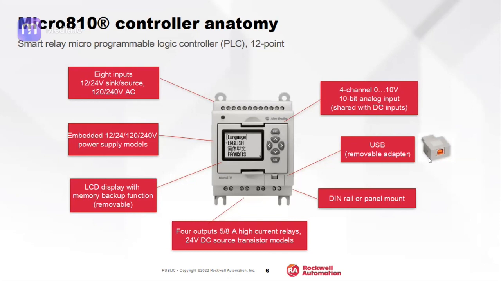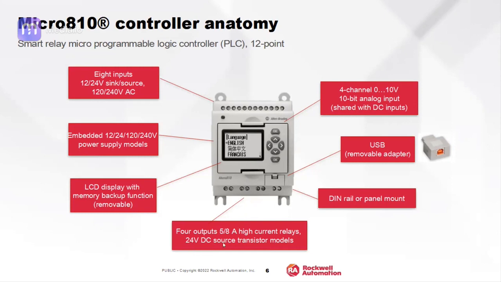If you want to do the programming, we need to use the USB adapter. Once it is done, we can remove this adapter and fix it in the panel. This hardware is DIN rail mountable. The outputs are all high current relay outputs.